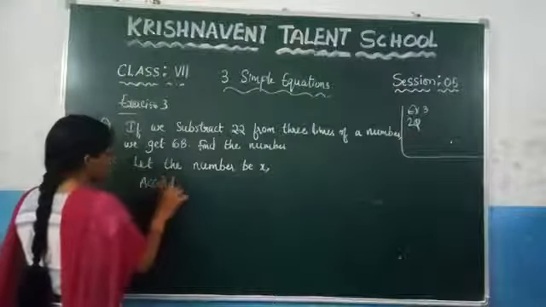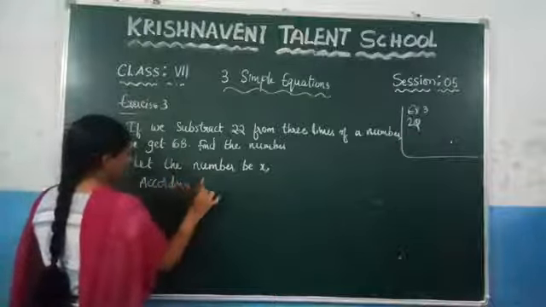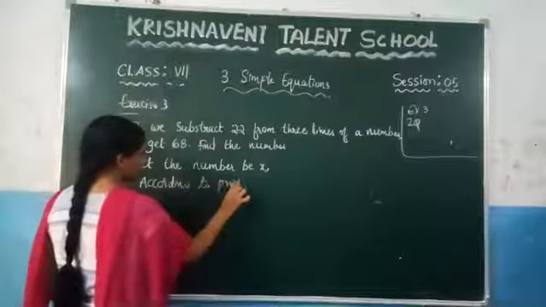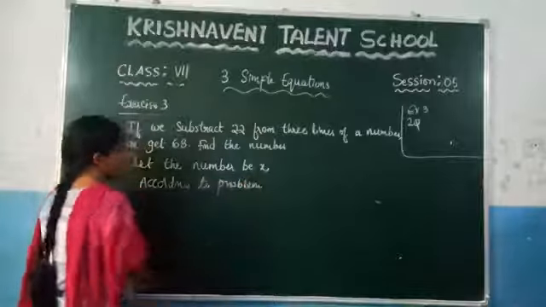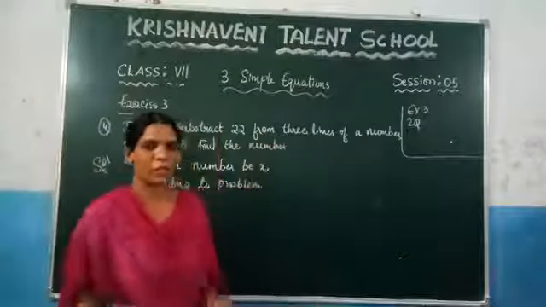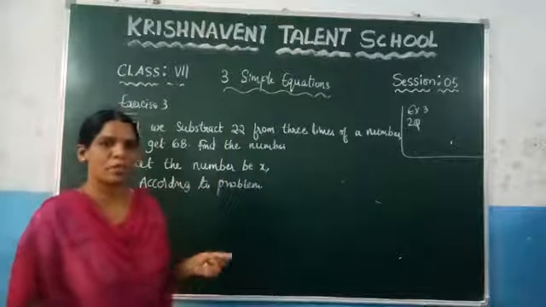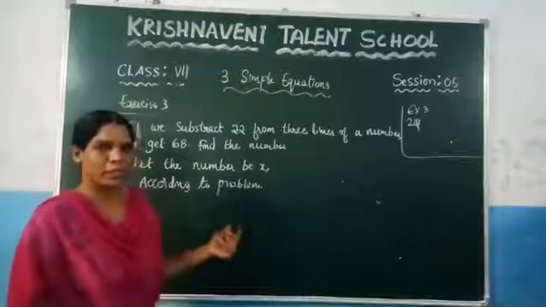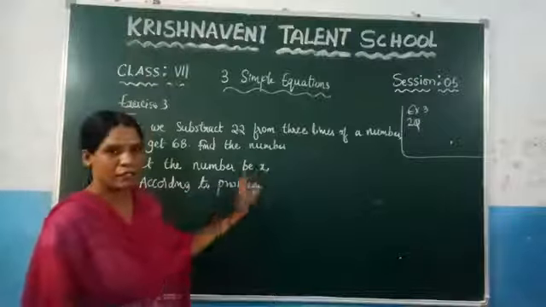How can you write the equation here? So read the first one. If we subtract 22 from 3 times of a number, what is the meaning of 3 times of a number? 3 into the number. 3 into whatever number we have treated here, which is x.